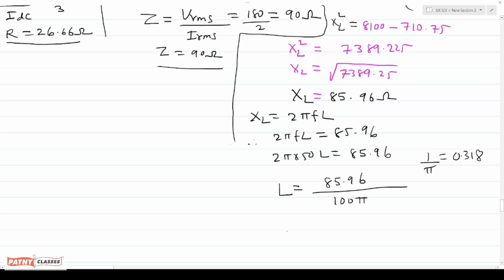This is useful information for students writing the IIT examination, so they can directly use the value of 1 upon pi, that is 0.318. So 85.96 into 0.318 upon 100. On multiplication we get 0.27. Therefore the value of self inductance equals 0.27 Henry.